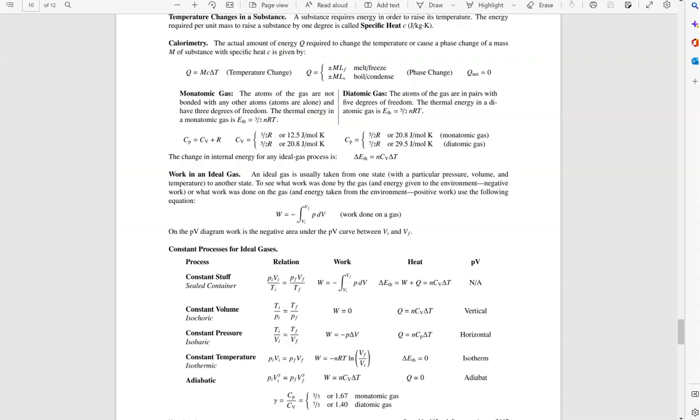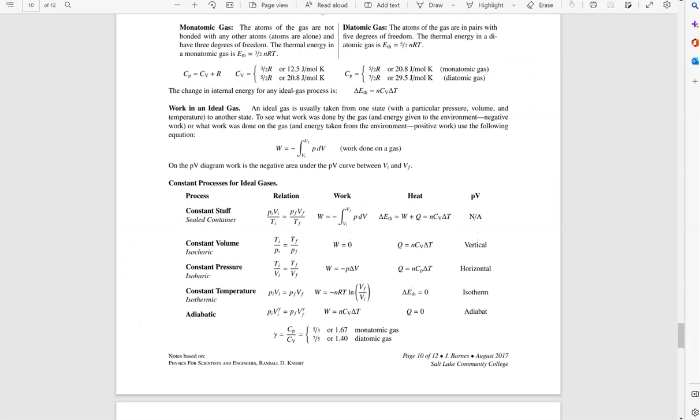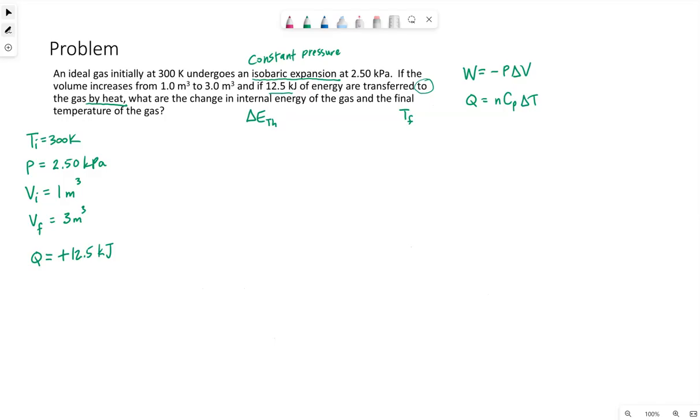So if we jump over to the test notes, here's our test notes. Constant pressure, well, we have this relationship between temperature and volume that's actually going to help with finding the final temperature. So if we come back, T initial over V initial equals T final over V final.